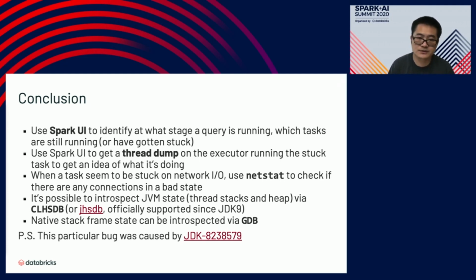You can also use JHSDB, which is the officially supported version since JDK 9. And we can also cross-check our findings using GDB as well. So in this case, the particular bug was actually caused by a bug inside of the JDK, and we were able to pinpoint that and then submit that to OpenJDK for further fixing.